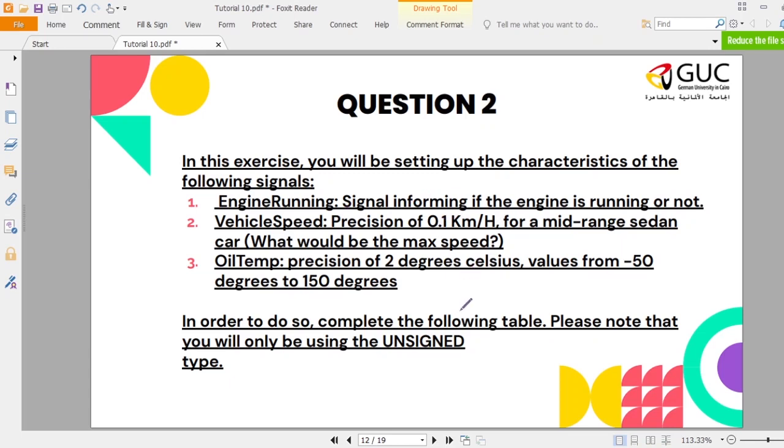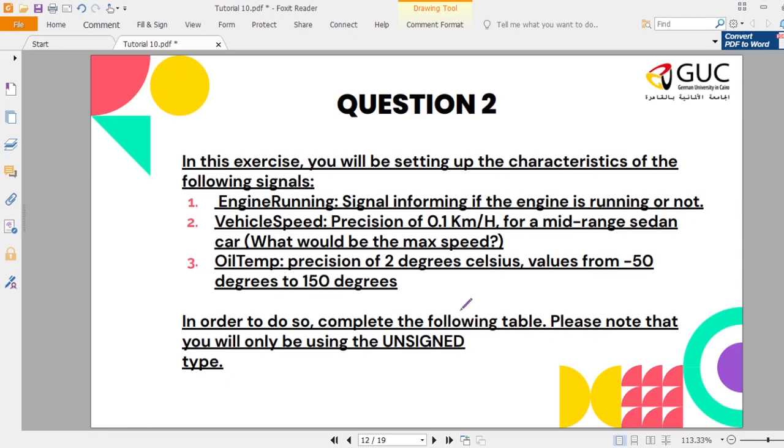For a mid-range sedan car, what should be a maximum speed? We will talk about this now. And last but not least, the oil temperature, precision of 2 degrees Celsius, values from negative 50 degrees to positive 150 degrees.